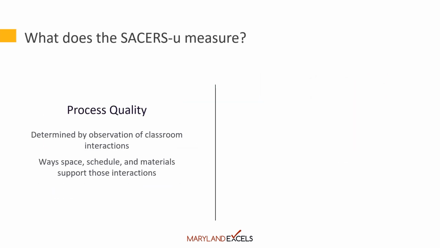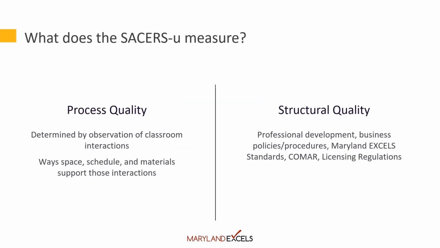Stimulation, protection, and interaction manifest themselves in tangible forms in the program's environment, curriculum, schedule, supervision, and interactions, and all can be observed. These are key ingredients of process quality included in all of the environment rating scales.